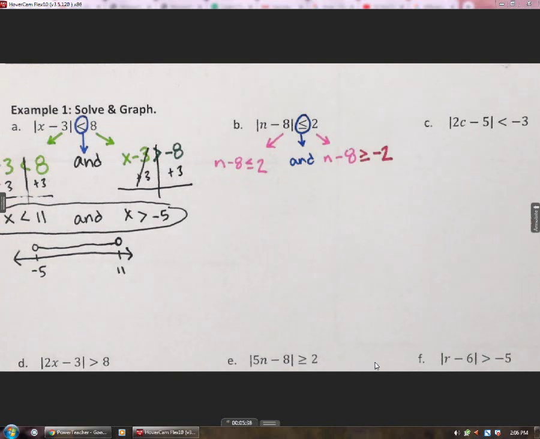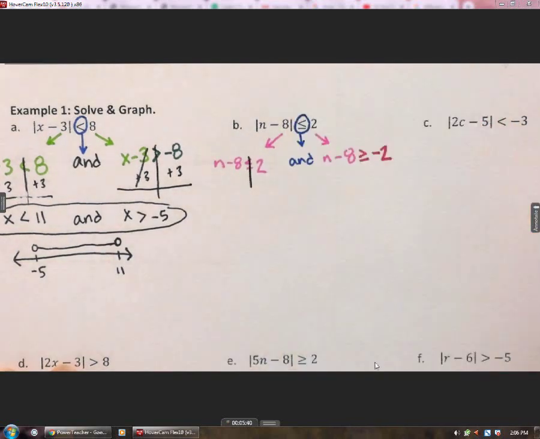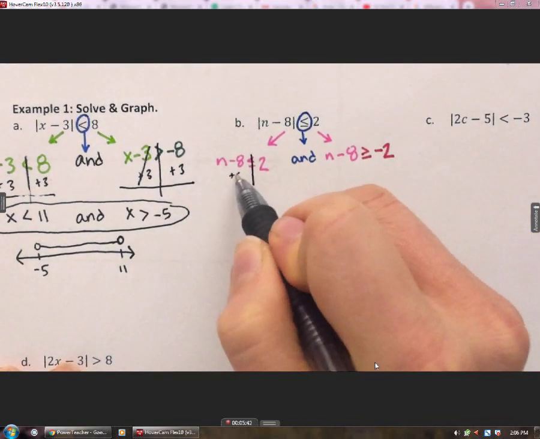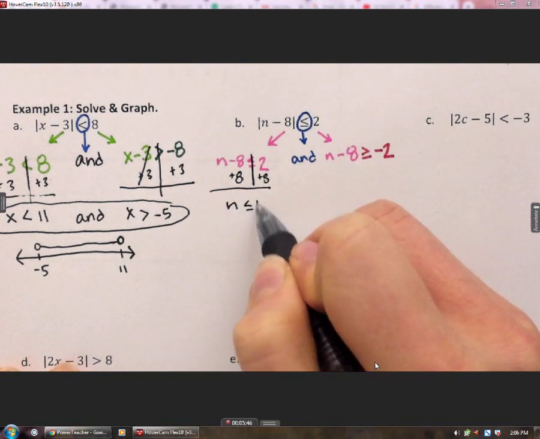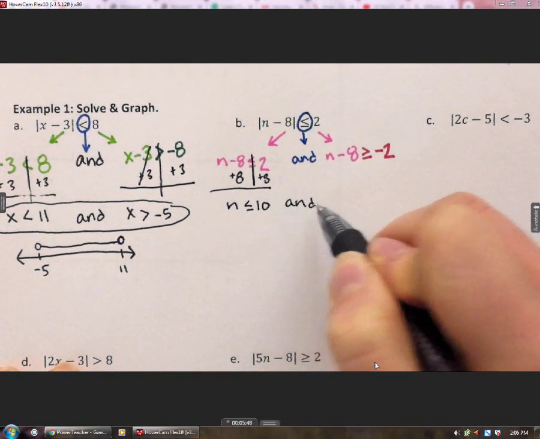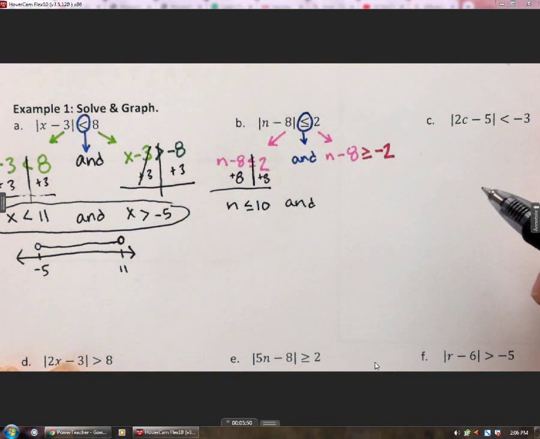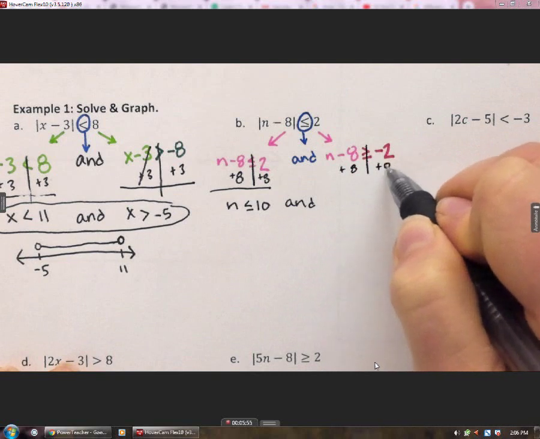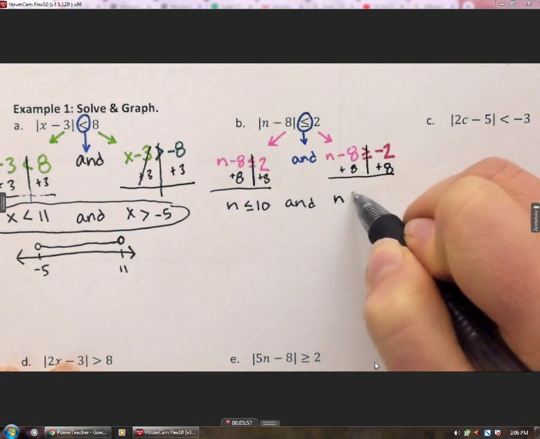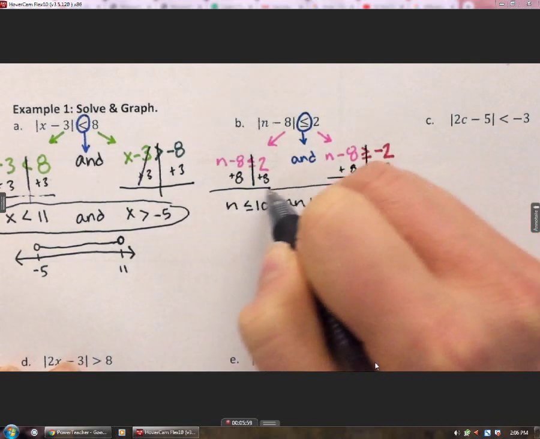Let me solve. Add 8 on both sides. So n is less than or equal to 10. And n is greater than or equal to 6.